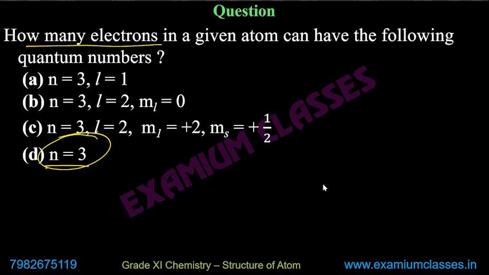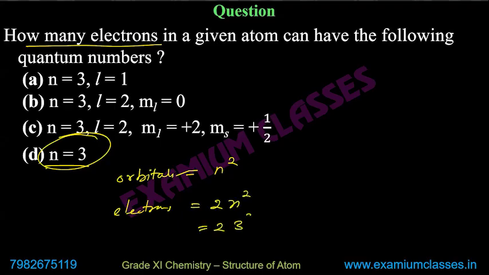So I taught you to calculate it separately, that is why. Correct. Okay, the number of electrons: you know the number of orbitals. The number of orbitals will be n square. The number of electrons will be twice n square. That is twice 3 square, that is 2 into 9 equals 18.